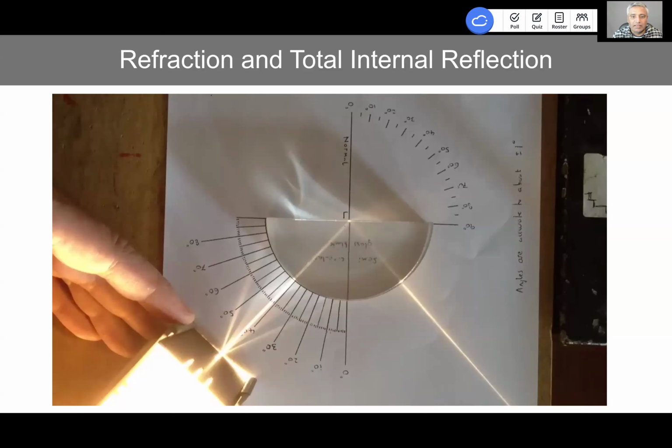So when an object slows down while going from one medium to another medium, it has a tendency of changing direction at that point. Okay, so basically that's an observation.